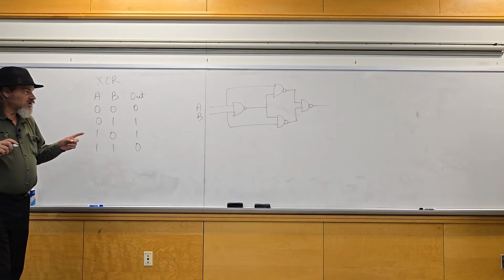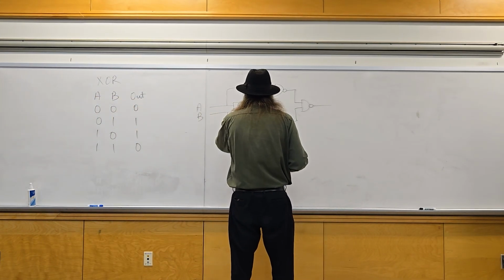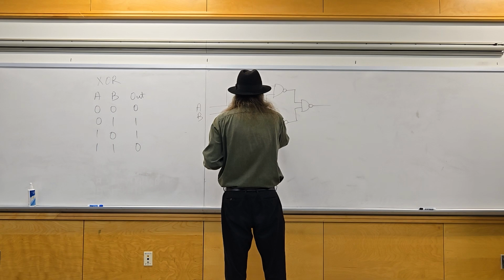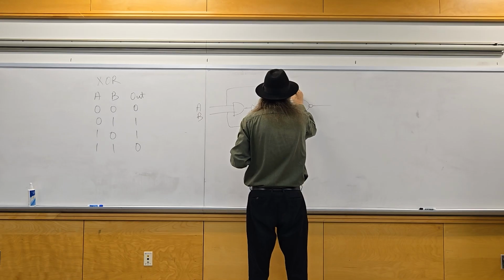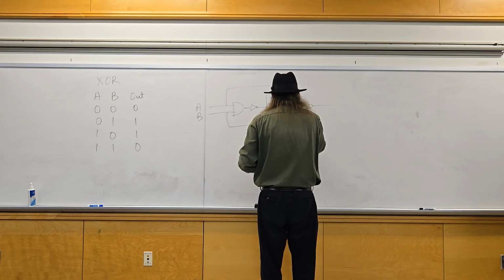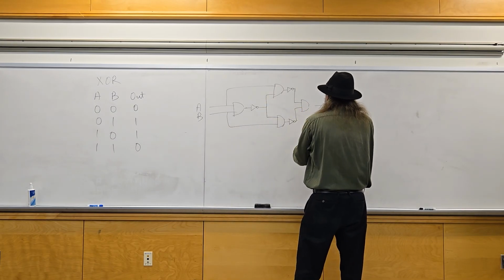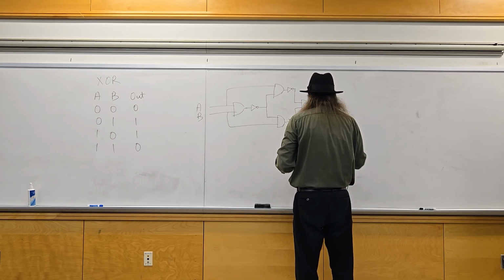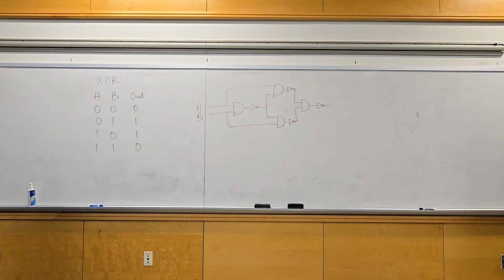So to redo this with inverters, you would change all the NAND gates to AND gates and put inverters after them, and then make NAND gates out of AND gates and inverters.